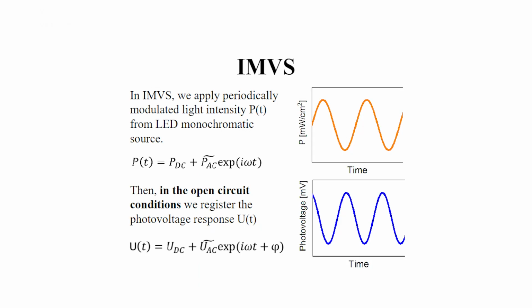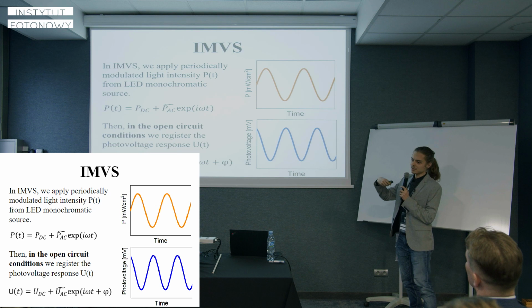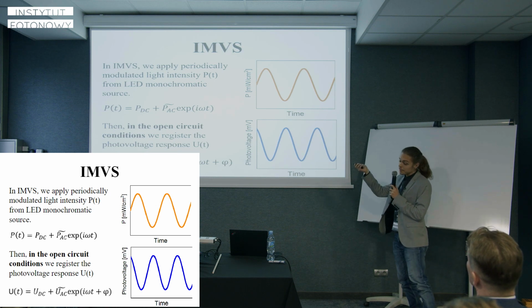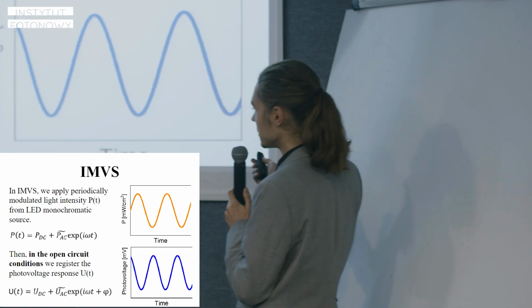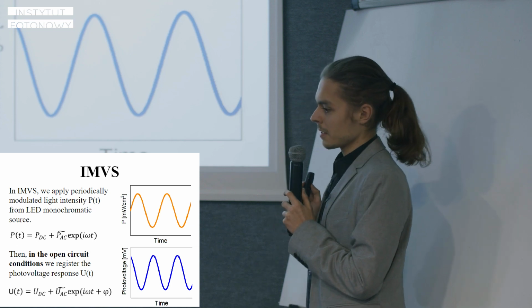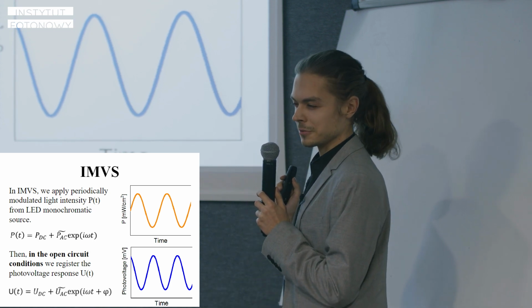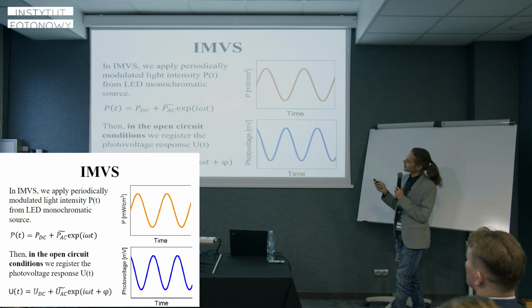In IMVS, ideally I input a periodically oscillating cosine of light intensity, P, and I expect to have a cosine wave of photovoltage. I apologize for using U for photovoltage, but U is a photovoltage, not V in this case.